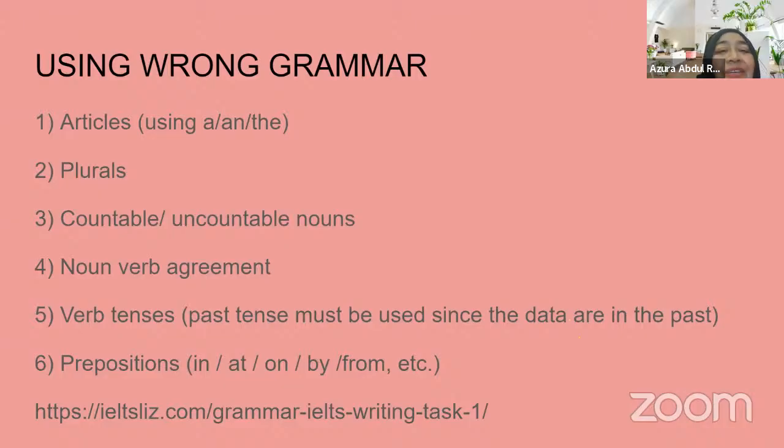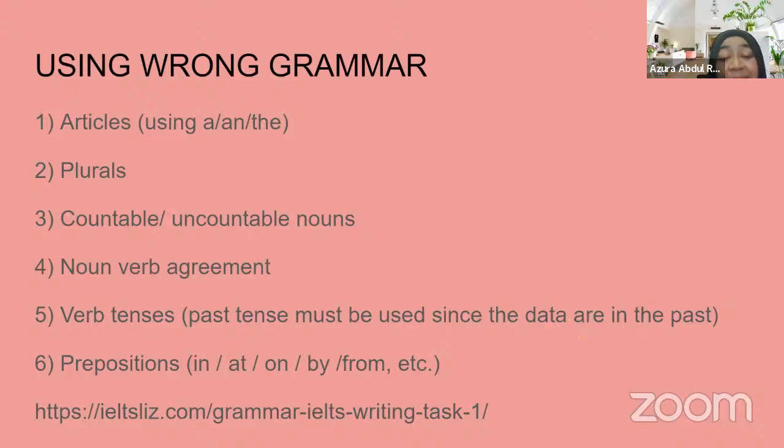But if the name of the country has the word United in front of it, United States, United Kingdom, that's when you put the: the United States, the United Kingdom. Plurals, right? Some plurals are irregular. You do not put child and childs. Child will be children, tooth will be teeth, foot will be feet, stuff like that. So be careful with that. Countable versus uncountable nouns, noun verb agreement.